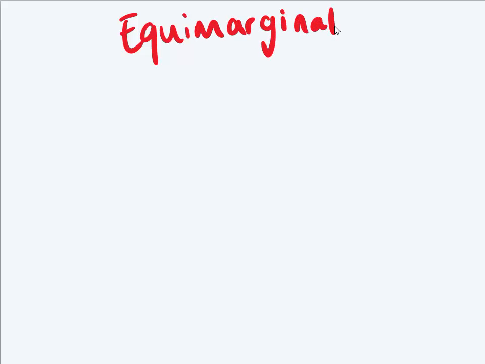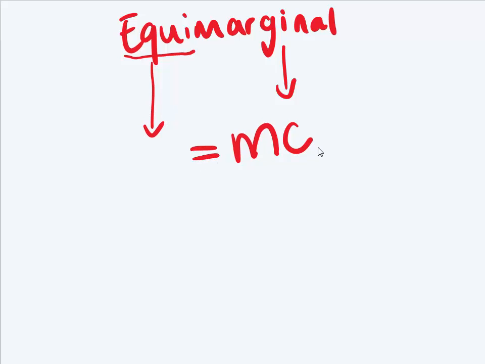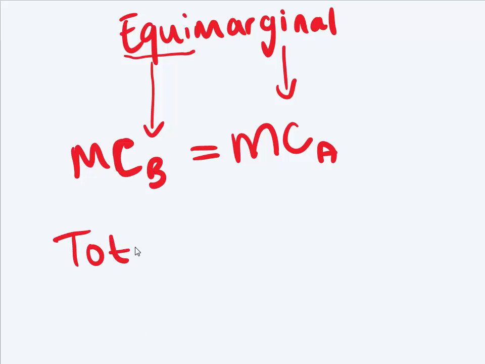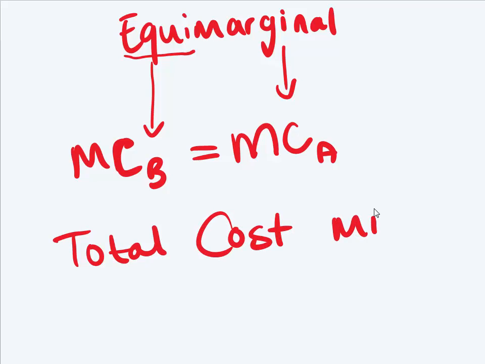We said the equimarginal principle means if I ensure that, in this case, marginal costs are equal in both factories, then my total cost would be at a minimum.